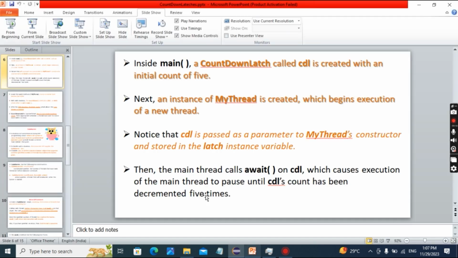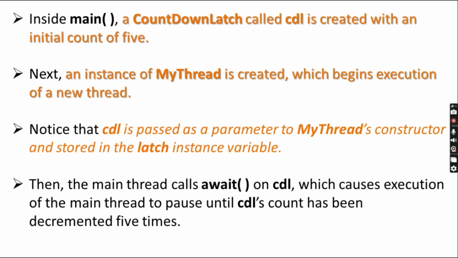Now we will move to the actual explanation in the PPT example. In the main method, we create the latch CDL, the object we have seen in the program, with an initial count of 5. Then an object of the thread is created, my thread.